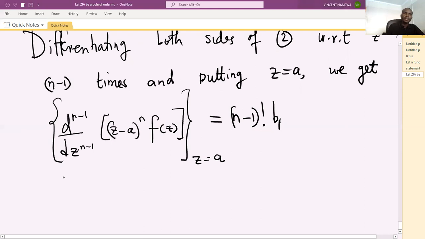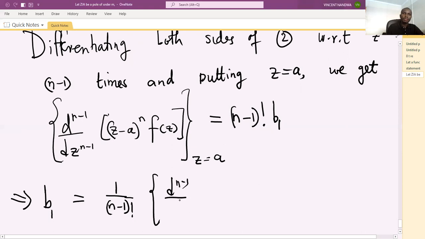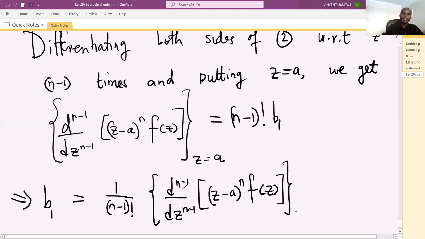Which means making b1 the subject, we'll have 1 over (n minus 1) factorial, and then the (n minus 1)th derivative of the function (z minus a) power n times f of z at z equals a.